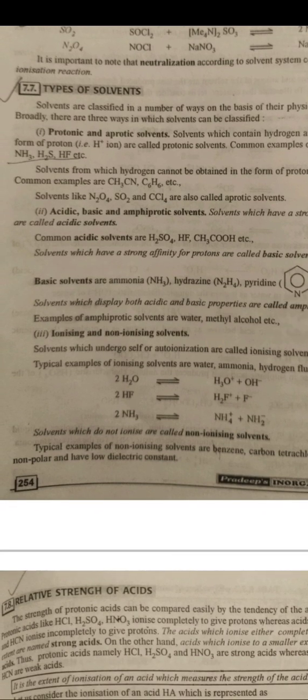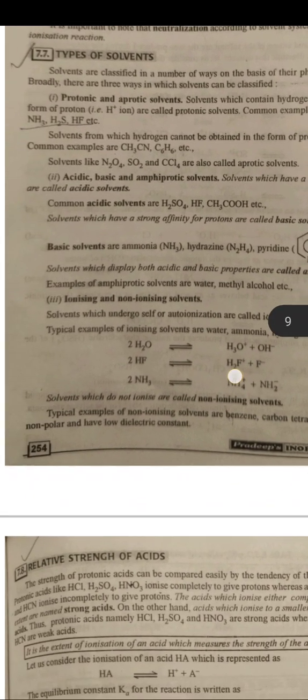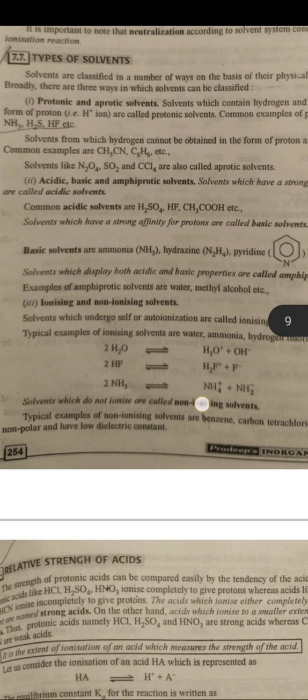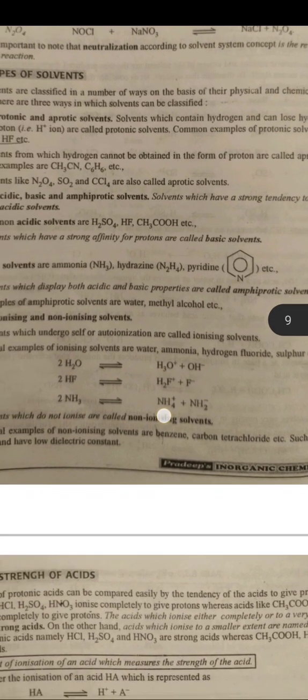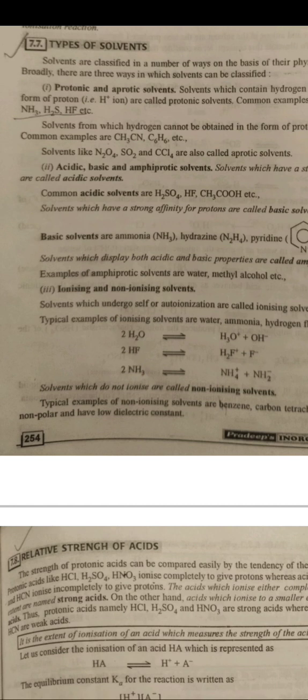Basic solvents are ammonia, hydrazine, pyridine. Solvents which display both acidic and basic properties are called amphiprotic solvents. Examples of amphiprotic solvents are water, methyl alcohol, etc.